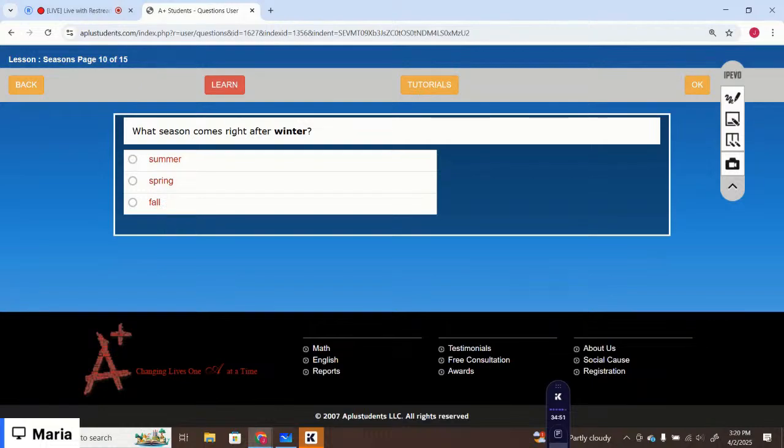What season comes right after winter? After winter it is spring. Okay, you can complete the lesson by yourself later today. Let's just move on to the next lesson.